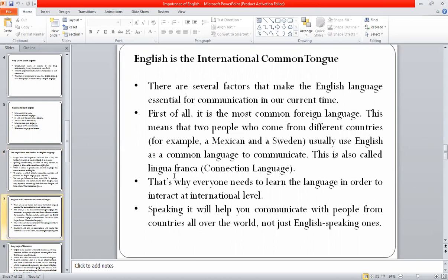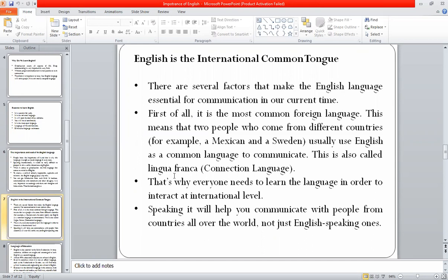Okay, so there are several factors which make this language essential for communication in our current time. First of all, it is the most common foreign language. Only English is the most common foreign tongue. No other language is that common, spoken all over the world.